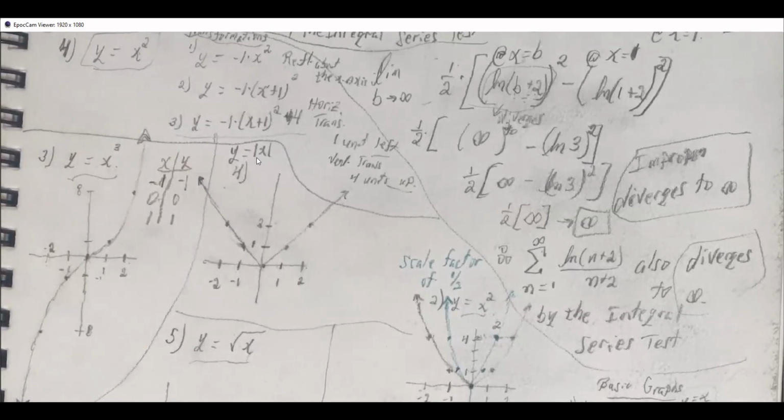Does that make sense? Okay, it's a changed function. That's the original function. Correct.